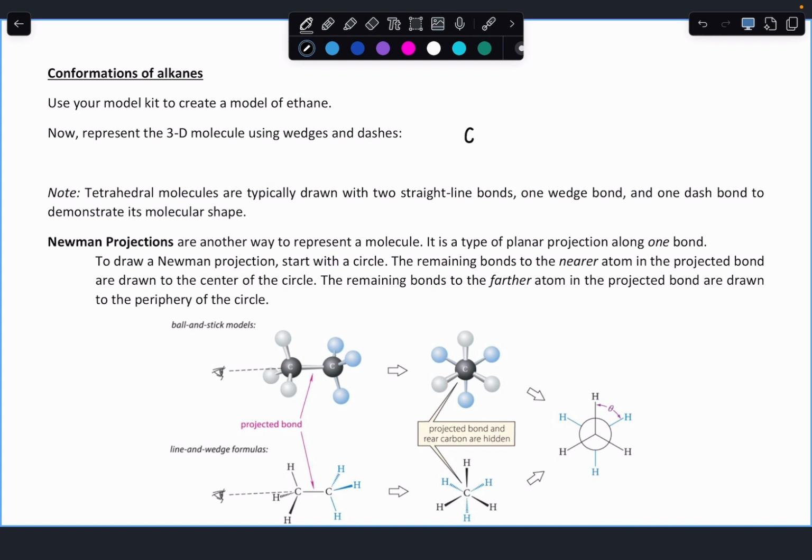So we draw carbon, carbon, that's these two, just where the black pieces connect. The carbon on your left has a straight line bond pointing down to a hydrogen. The carbon on the right has a straight line bond pointing up. And then each of these have a wedge bond and a dash bond, so we can just draw these in.